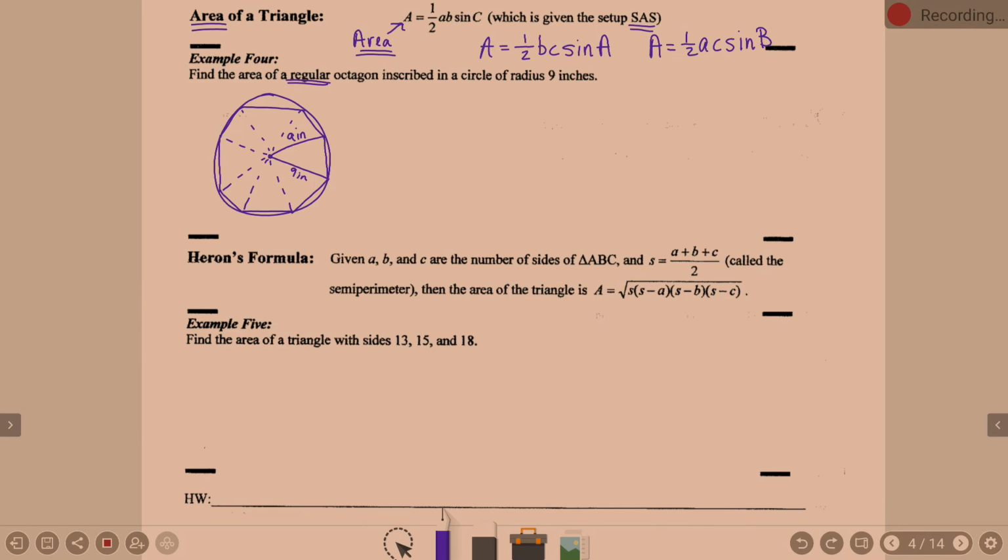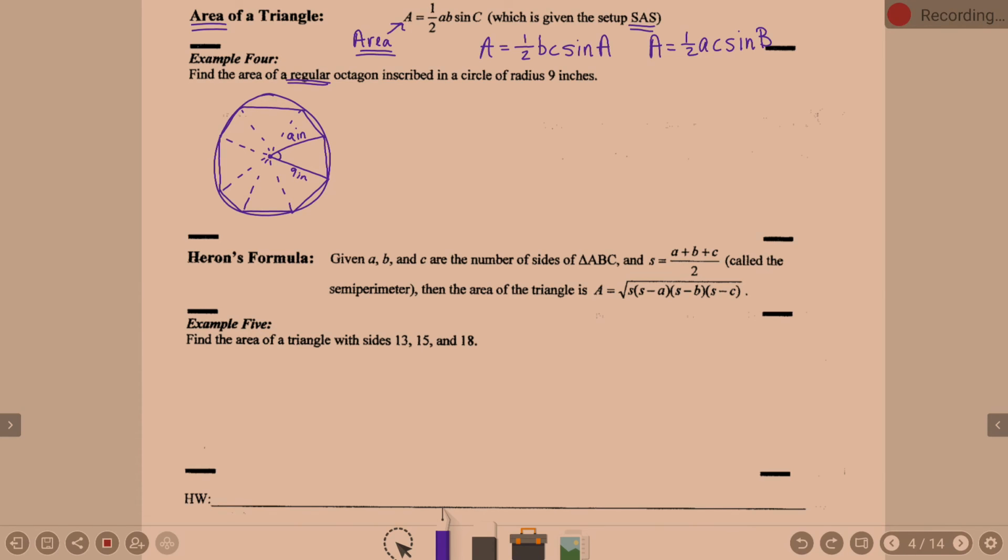In order to use this area formula, I need a side angle side setup, which means I need to know an angle. If they're all congruent, shouldn't all the angles be the same? All 8 triangles are congruent, so all 8 central angles should be the same. 45.